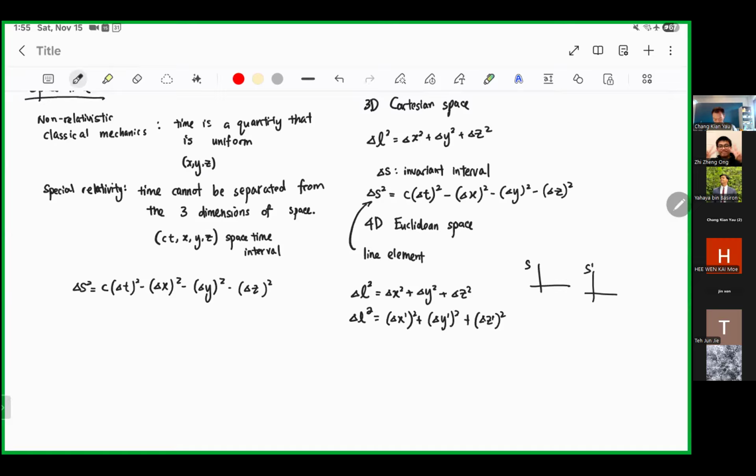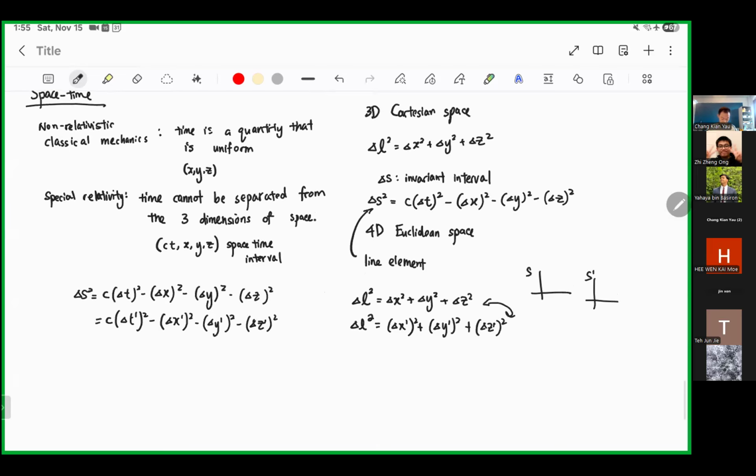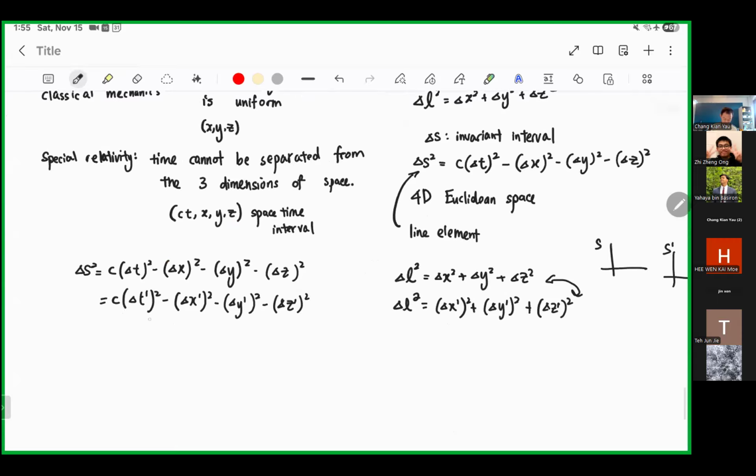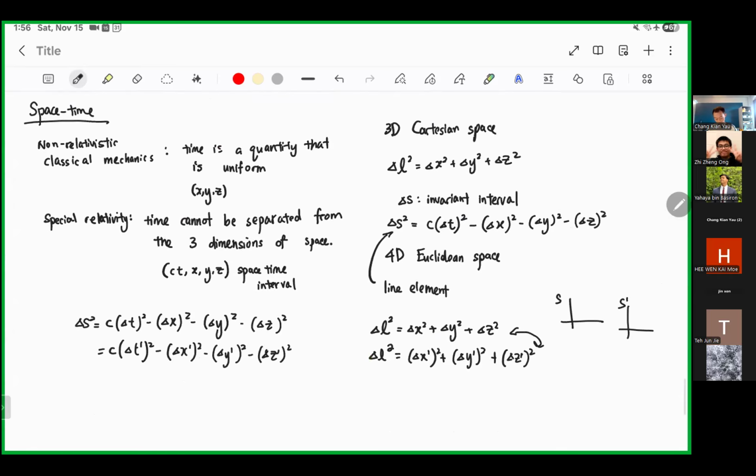But for 4D, because of the Lorentz transformation, this thing holds as well: y prime squared. This holds, and you can derive it yourself. You can just plug in the Lorentz transformation here and see that these two are equal.